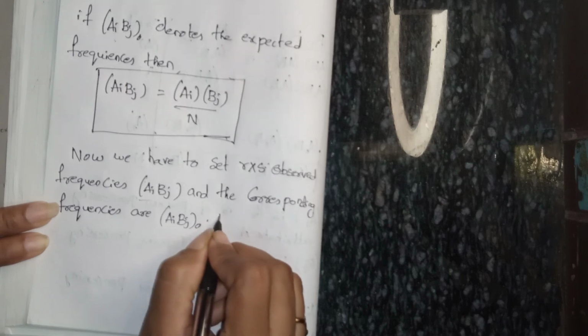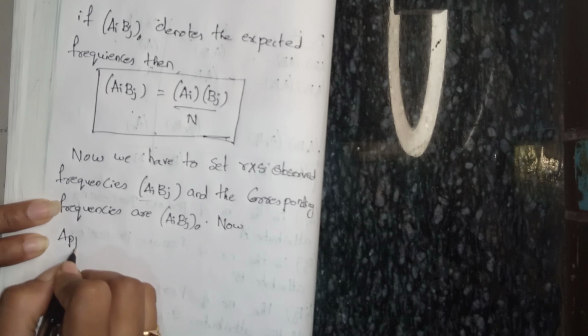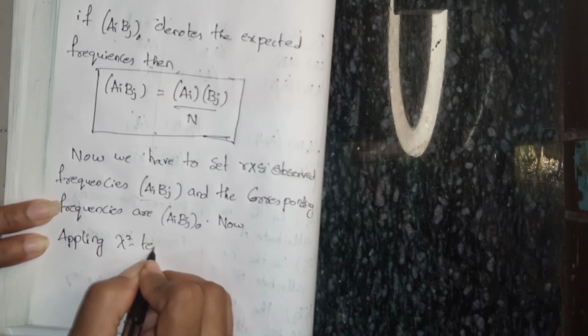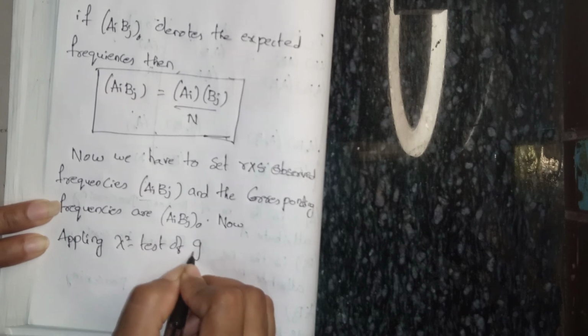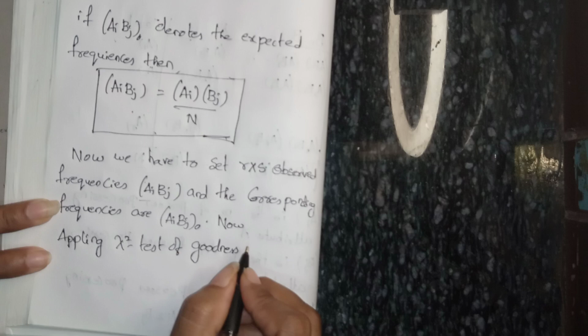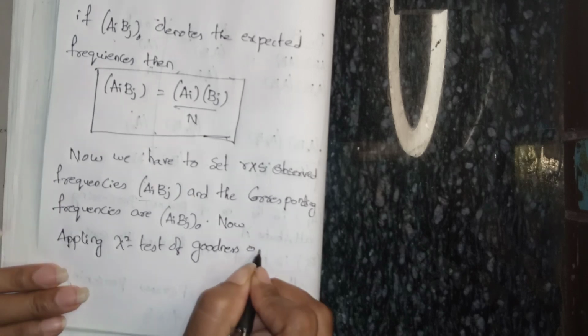Now applying the chi-square test of goodness of fit. Goodness of fit is nothing but both the observed and expected values are involved.